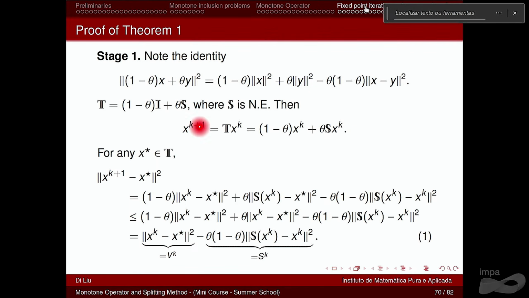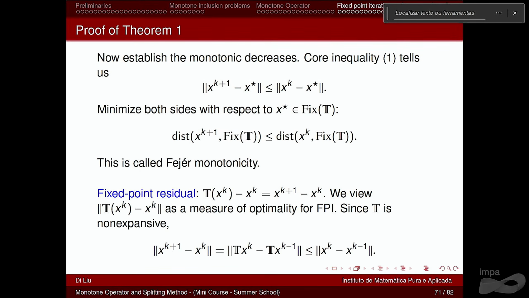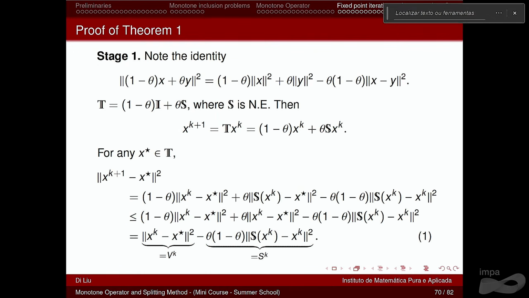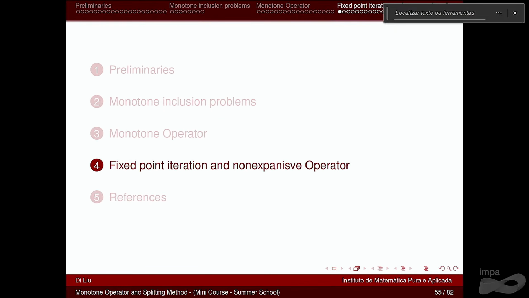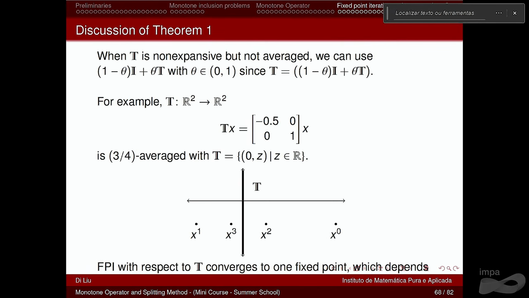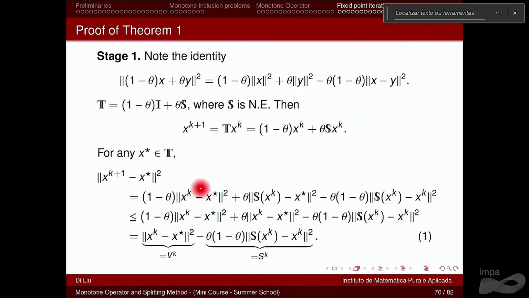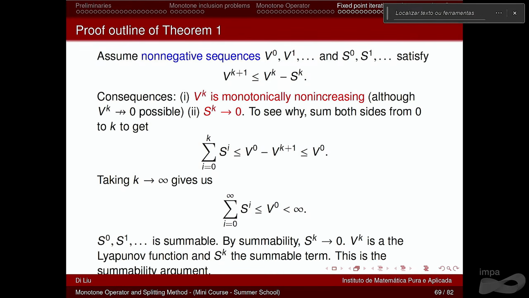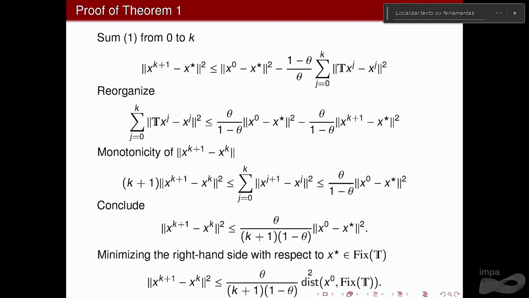And from this inequality, we first get this decrease, ||xk - x*|| decreases. And from the first inequality, we make the summation on both sides, and then we get this one.